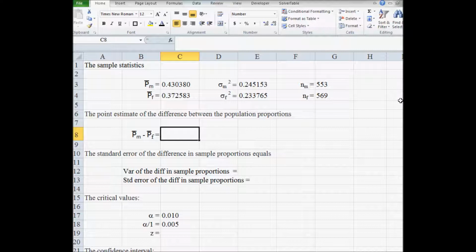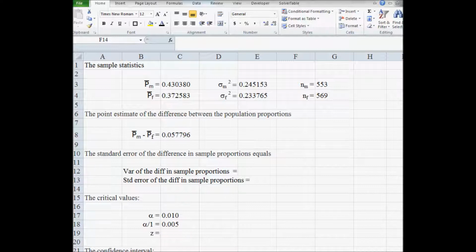The point estimate of the difference between the population proportions is just the male proportion minus the female proportion. Because the confidence interval does not state anything regarding whether these proportions are expected to be equal or expected to be different, we don't pool the proportions when calculating the standard error of the difference in sample proportions.